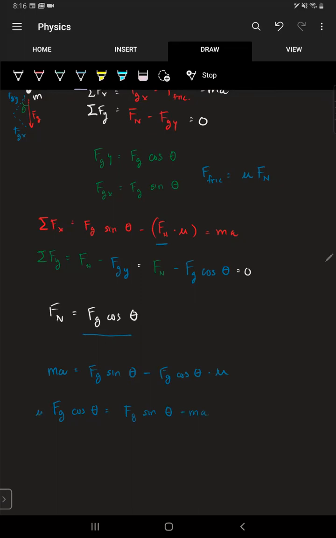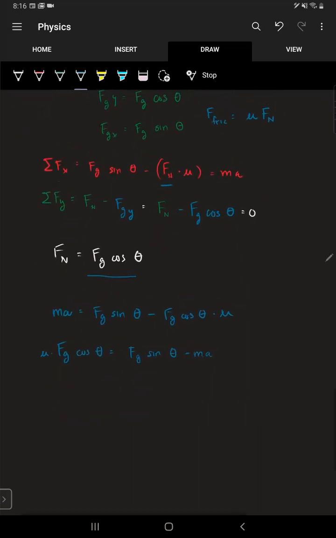Oh, I forgot to multiply the mu here. And so mu is equal to fg sine theta minus ma divided by fg cosine theta. If you don't see what I did, it was just some algebra. I moved this to the other side, subtracted ma, and then divided both sides by fg cosine theta.